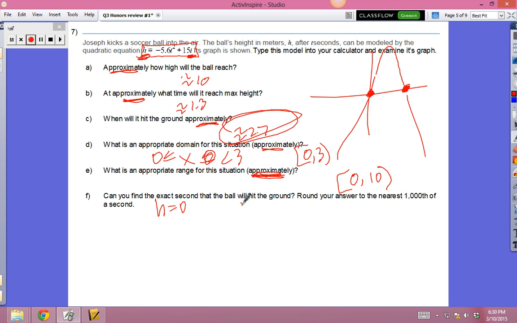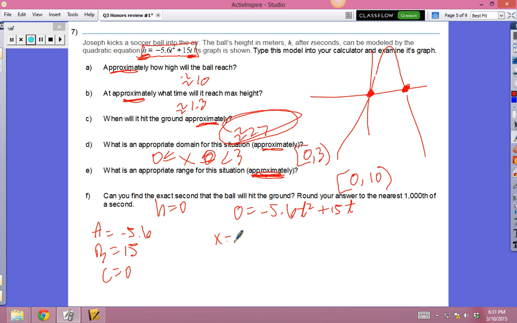So plug 0 in for h. 0 equals negative 5.6 t squared plus 15t. Everything is all ready to go. So I'm going to identify my a. My a is negative 5.6. B is 15. C is 0.